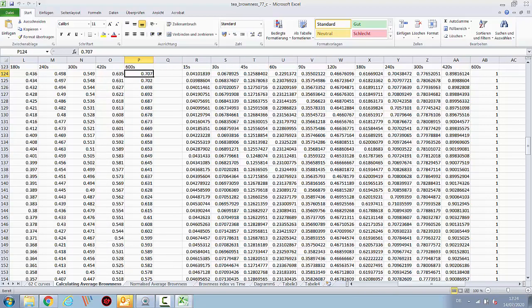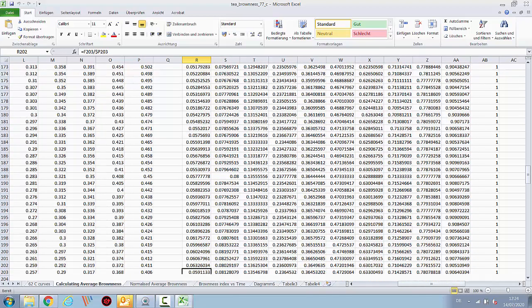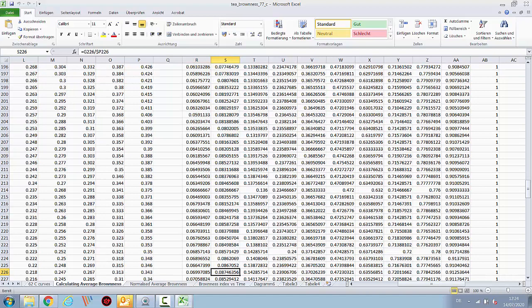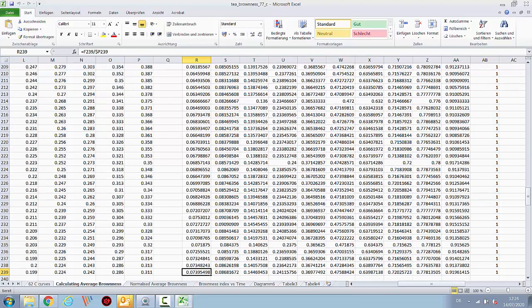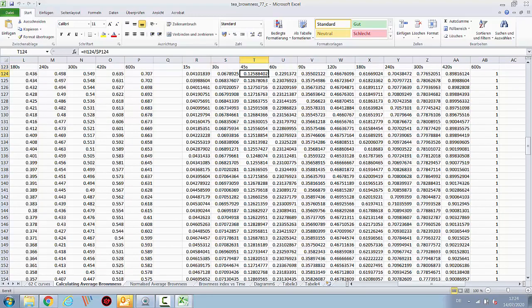I've divided all of these values by the value at 600 seconds. You can see it changes slightly over the time frame, but not very much. Maybe the 15-second one does, but all the other ones don't very much.